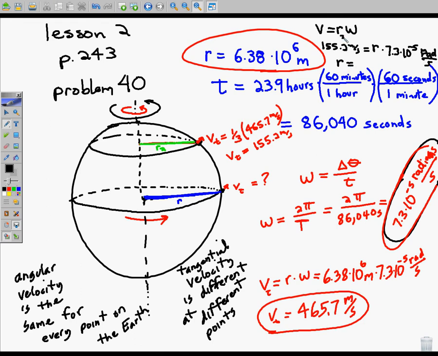This is my little R2 up there. So what does that little R2, this guy right in here, turn out to be? 2.13 times 10 to the 6 meters.